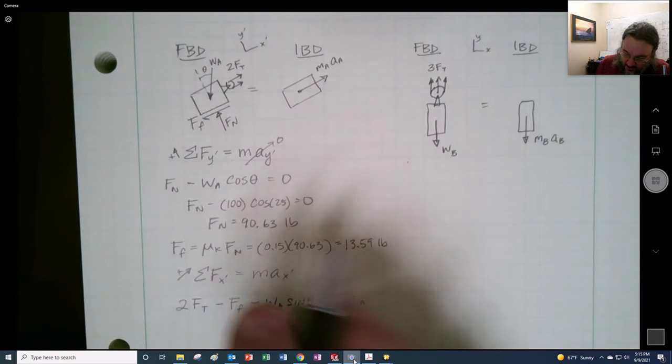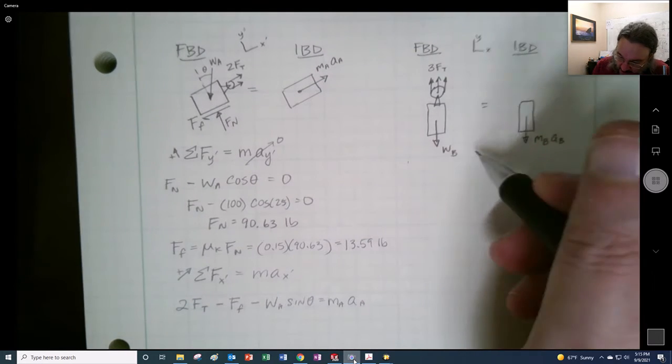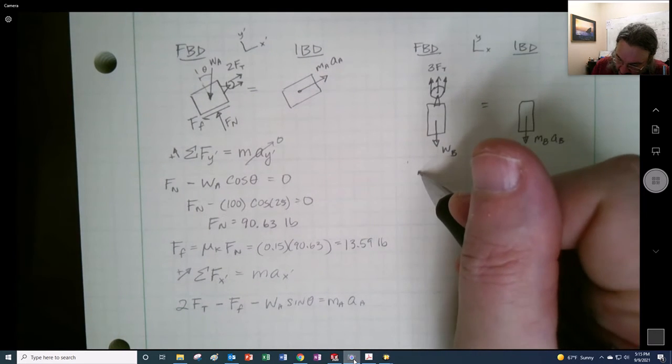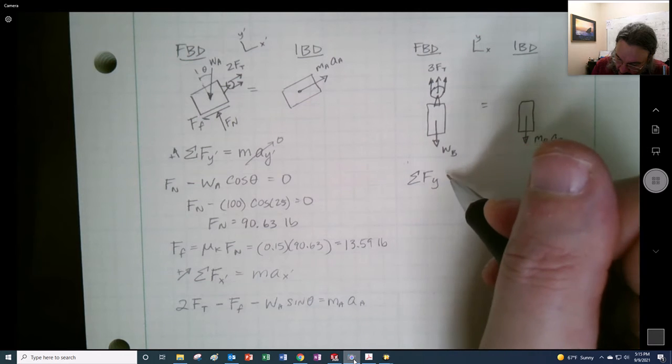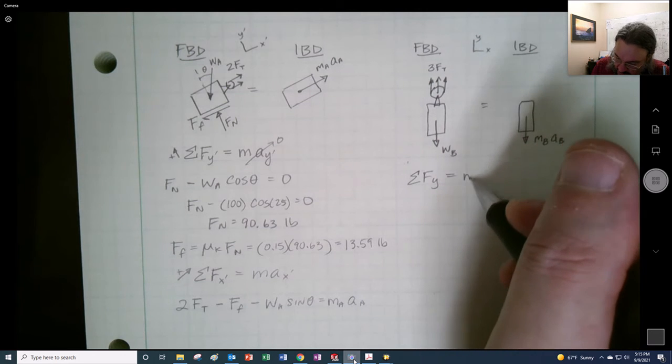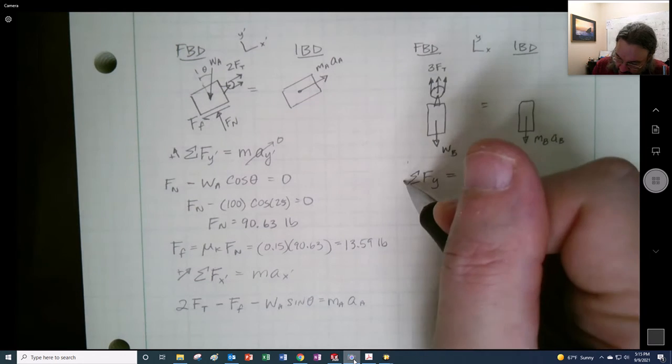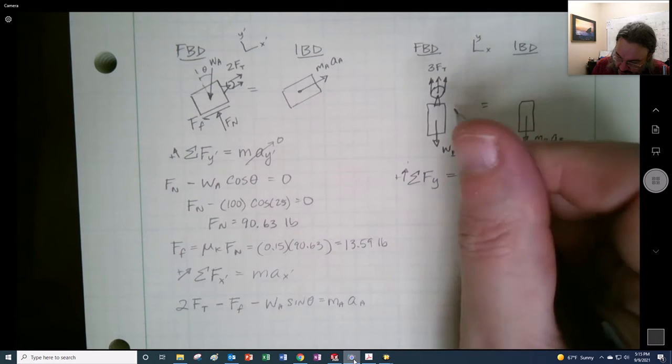Okay, so let's just pause right there. I'll come over to this side. I'm going to say the sum of the forces in the y direction is equal to mass times acceleration in the y direction for this.